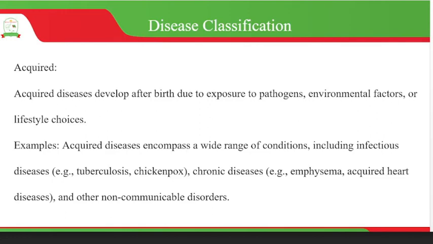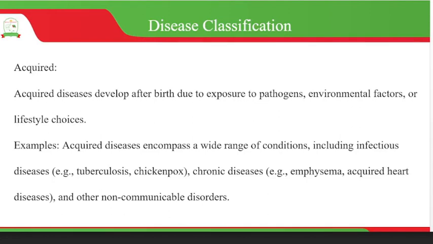And the third class of diseases we have is acquired diseases. So the acquired diseases are those diseases that the offspring or anyone else of us can get from our environment, from the people we associate with, from the surroundings, from what we touch altogether. So those conditions are called acquired diseases, and we are saying these may develop after birth due to exposure to pathogens.